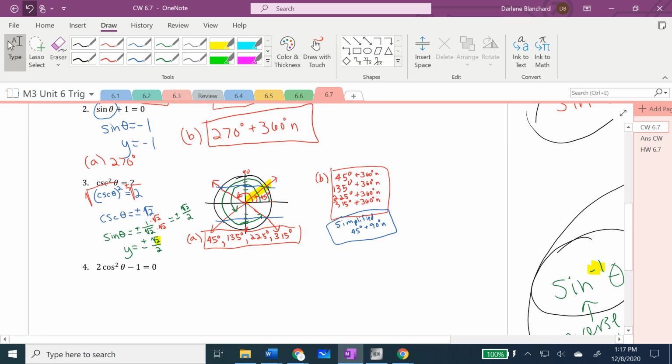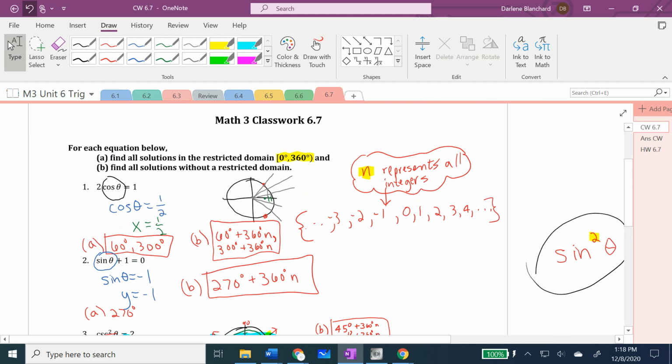Let me first clarify that we did get a plus or minus sign when we did the square rooting, and because of that, we got not only these 2 angles, but we also got these 2 angles as well. When it comes to n, it is representing both positive and negative numbers all at once, so you don't have to put plus or minus with it.